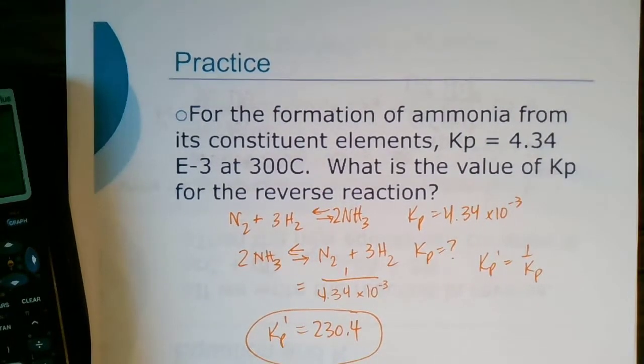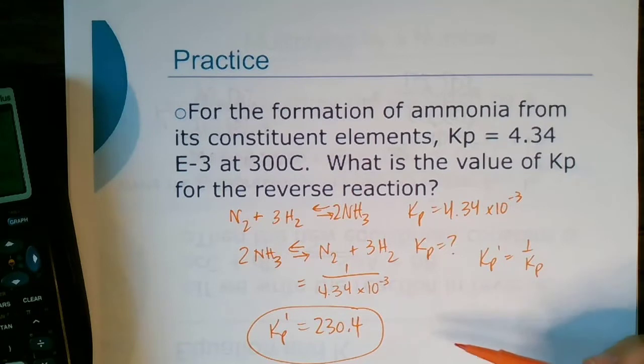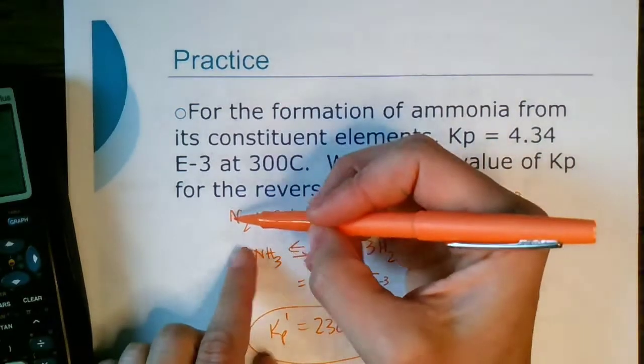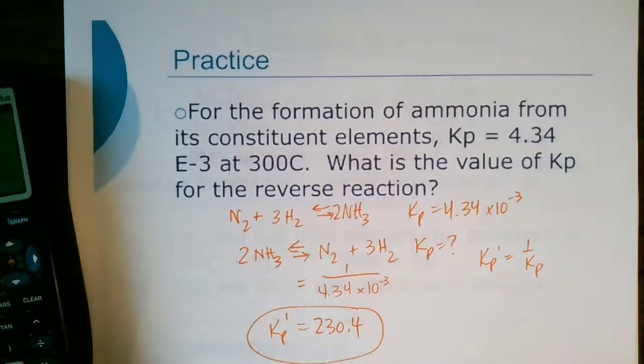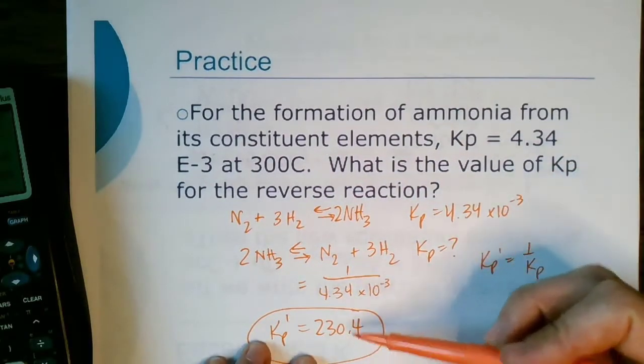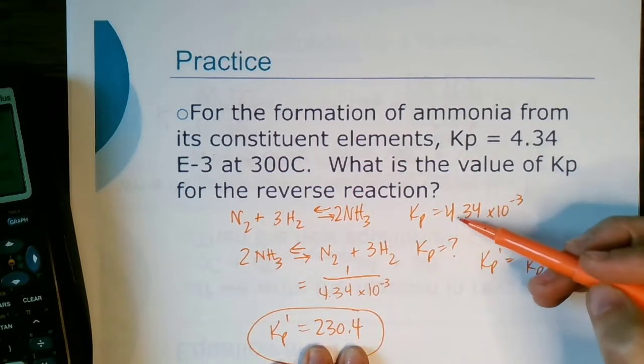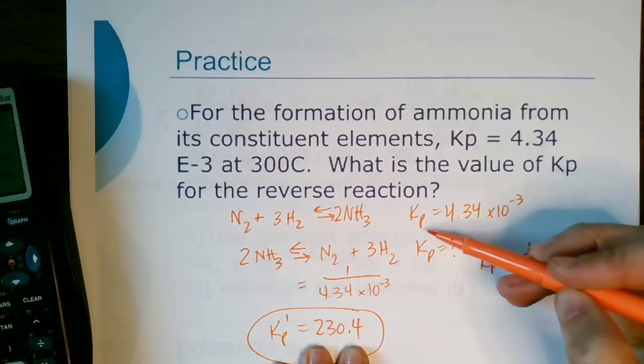Now, if you think back to when we were talking about interpreting what those constants mean, we said if I had a very large K constant, the equilibrium lies to the right, to the products. I would say that 230 is pretty large compared to 4.34 times 10 to the negative 3, which would be 0.00434.